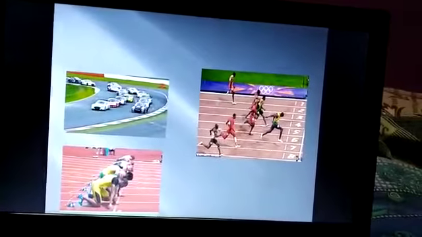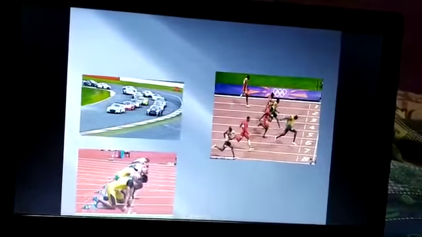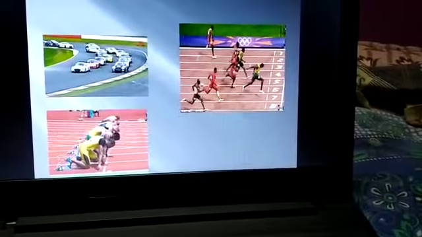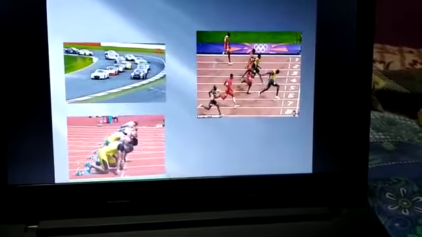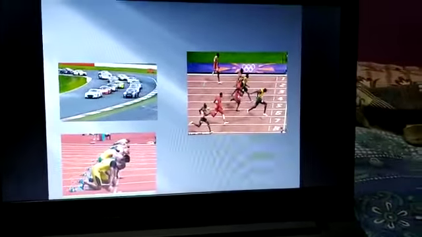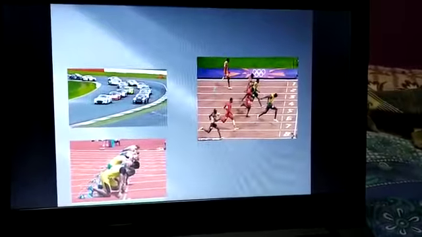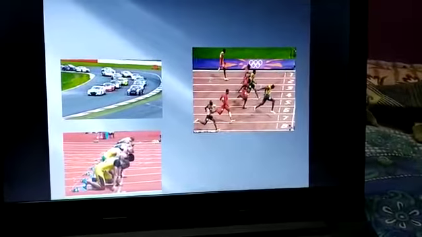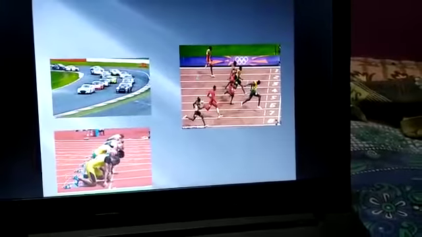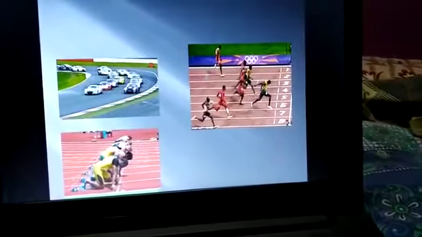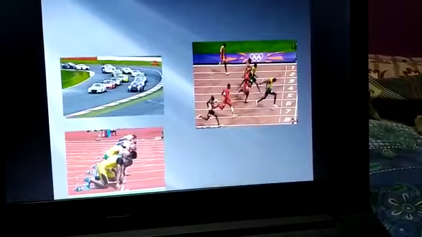There are many cars going to reach their destination with different speeds, and one car will go first. Another example is the running race.